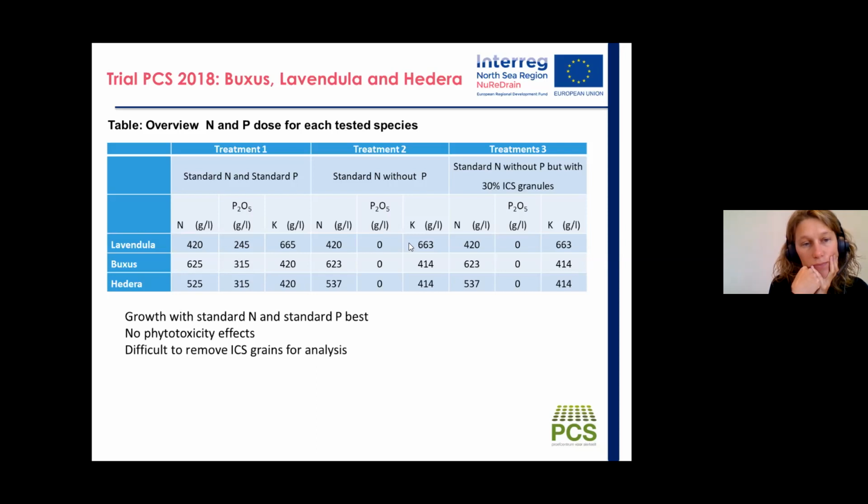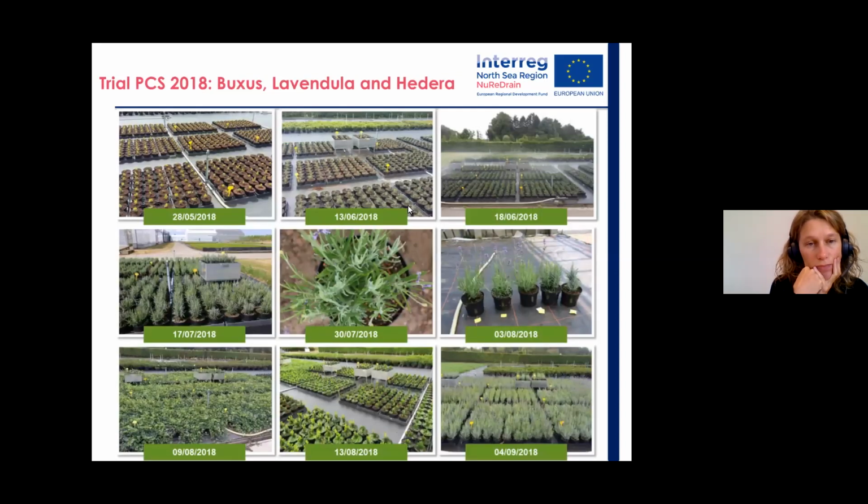We did a lot of analyses, which I will not show here, but for the substrate analysis, it was very difficult to do them because it was not easy to remove the ICS grains out of the substrate, because sometimes they are so small.